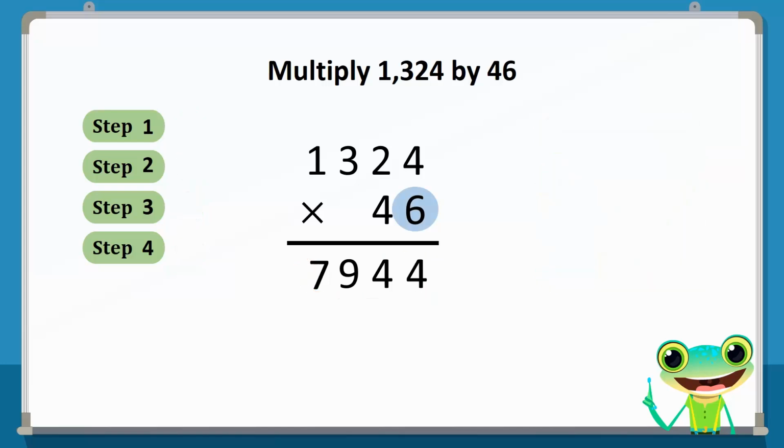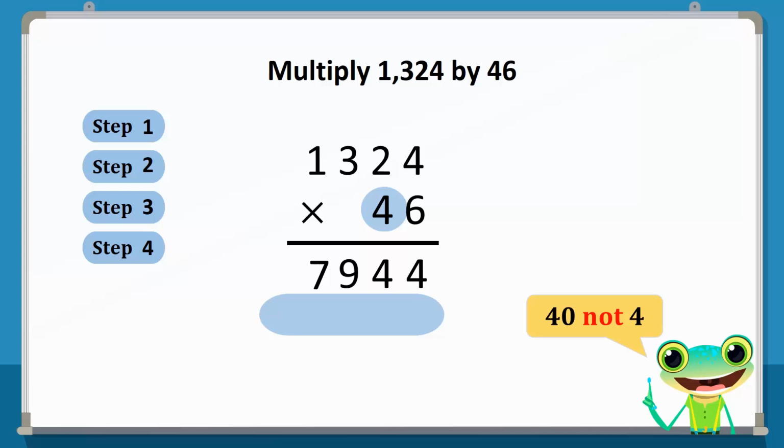Now, we will repeat the same multiplication steps for the second digit of the number at the bottom. This means that we will get another answer line. But there is one important point. Since the digit in the bottom number is at the tens place, its value is actually 40 and not 4.